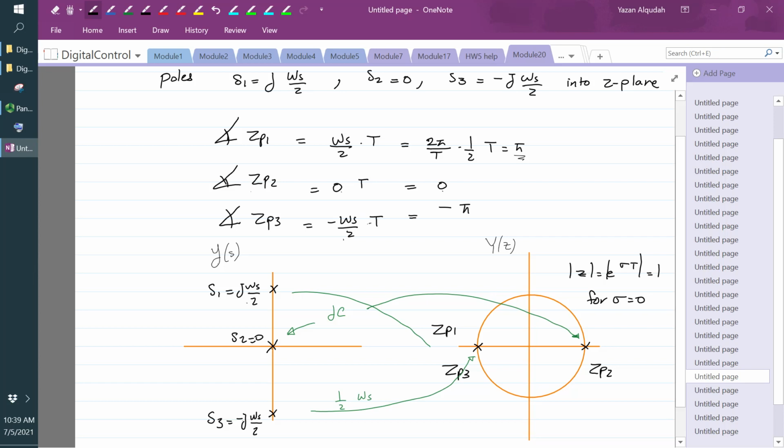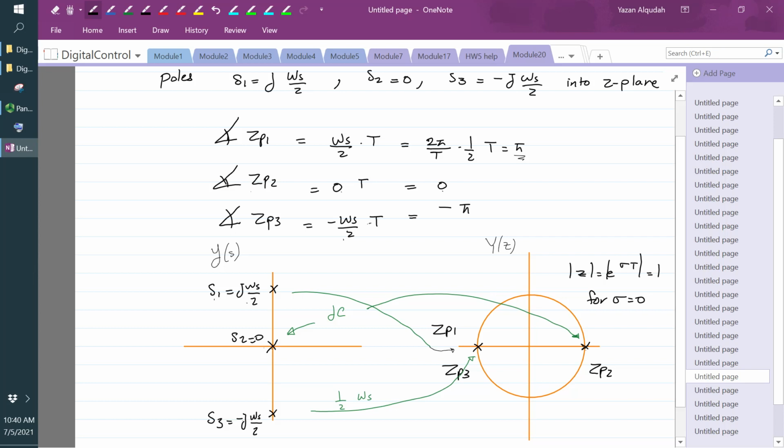Therefore, the DC point, when s is equal to 0, when I'm at the origin, is going to map to z equal to 1. When I am at j omega s over 2, it is going to map into pi, and when I am at negative j omega s over 2, it's also going to map into negative pi.